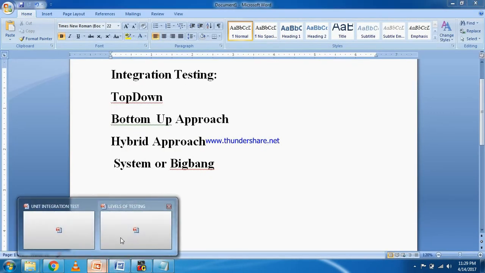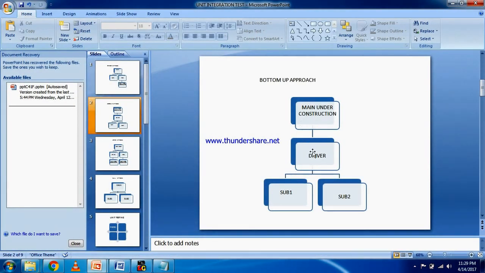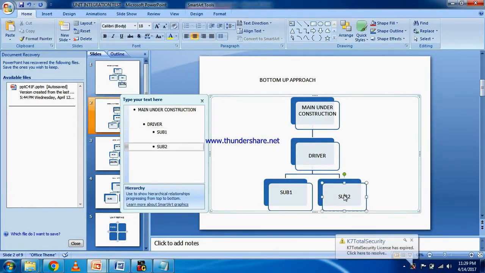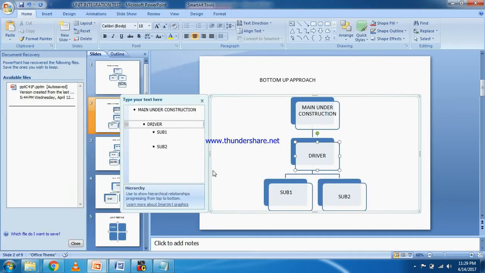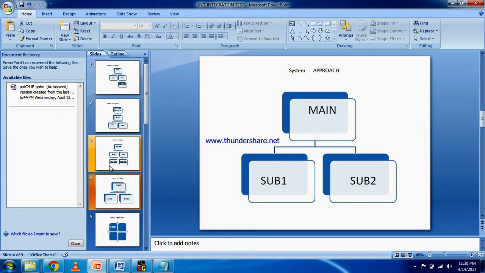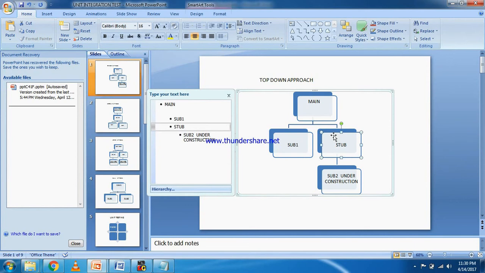And in this diagram you need to notice that this driver is going to call the sub modules. That's why this driver is called the calling module. Driver is called the calling module because it is calling the sub modules. And the stub you used in the next diagram, yeah, the stub you used here, this stub is called the called module.